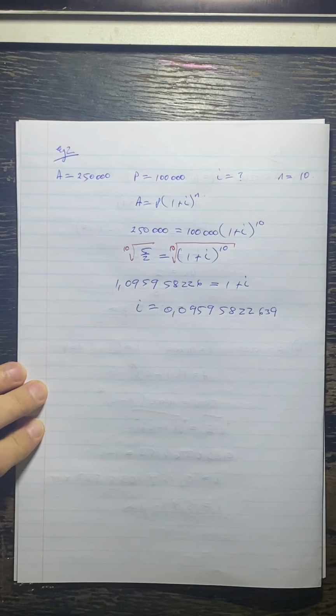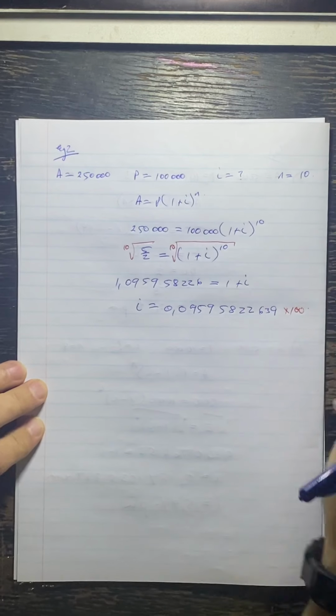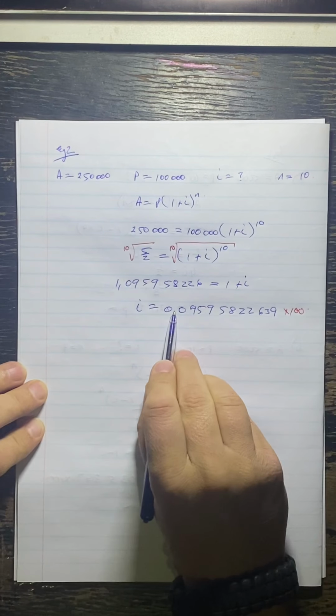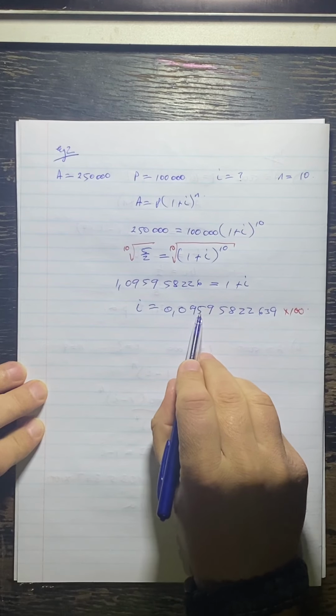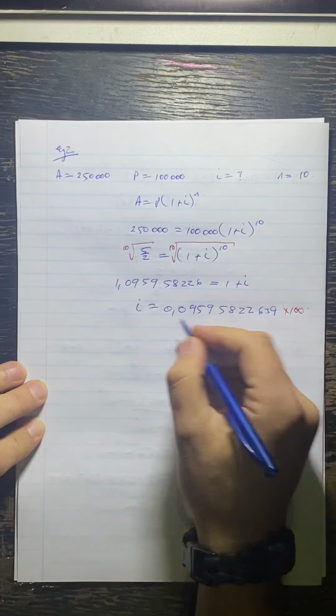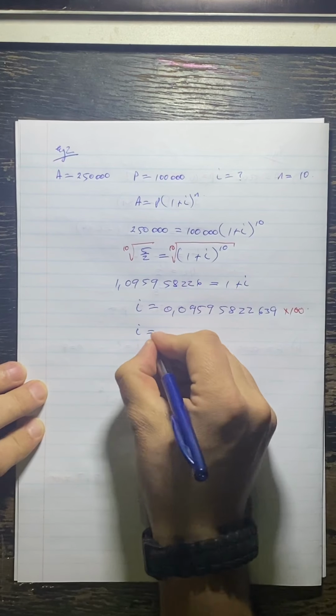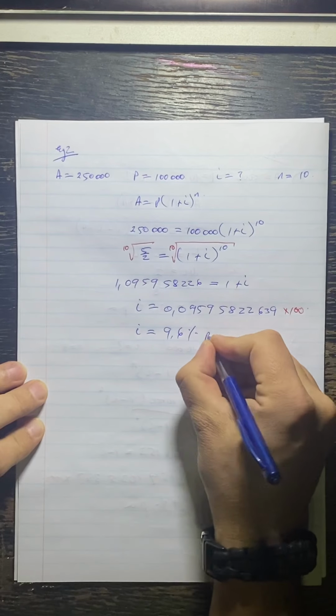Convert this into a percentage, and then we're going to round off. So multiply by 100, and we get 9.5958, and that's going to change to 9.6. So I is equal to 9.6% per annum.